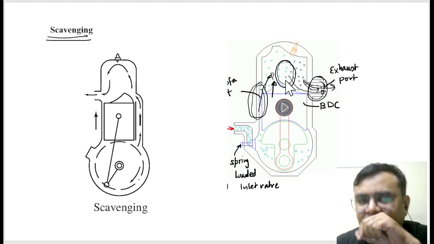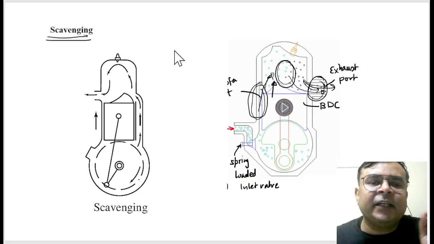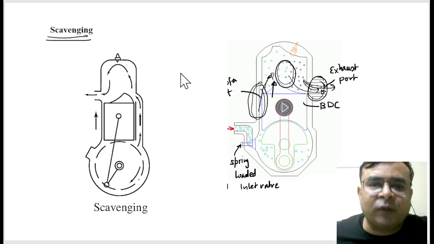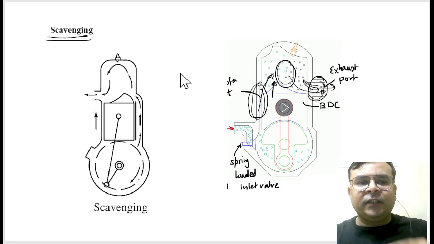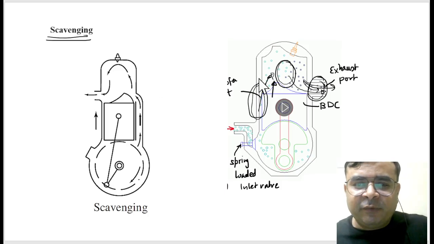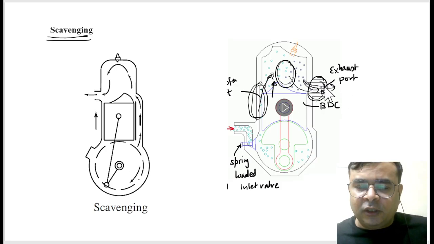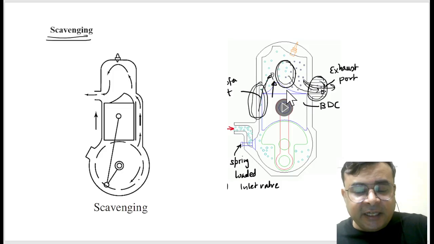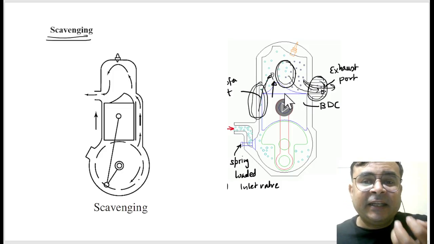So this process is called scavenging, and this is one of the major drawbacks of the two-stroke engine. Are you getting my point? Fresh charge can also move away from the exhaust port along with burnt gases. Means here we will get less fuel economy, less mileage.